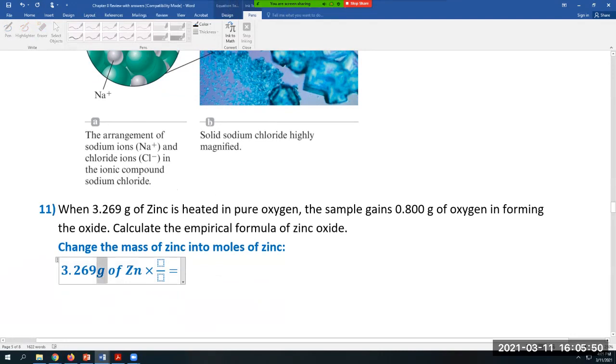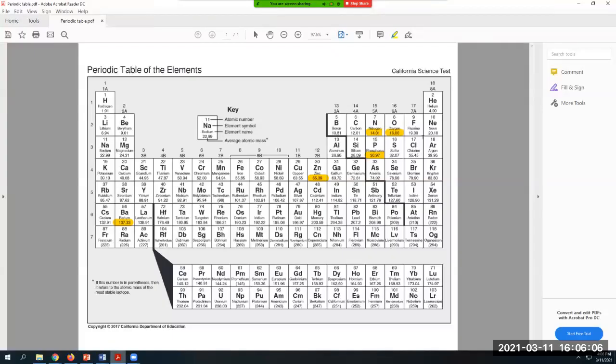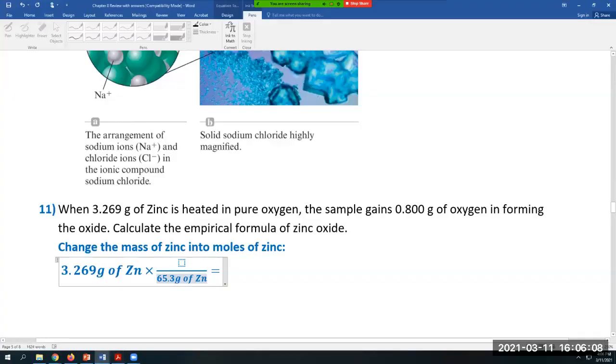Because we have grams of zinc here in the given amount, we want to have grams of zinc in the denominator, because we want to cancel units of grams of zinc. And we said 65.39 for 1 mole of zinc. That's the molar mass of zinc.